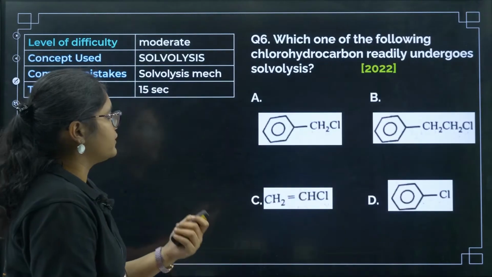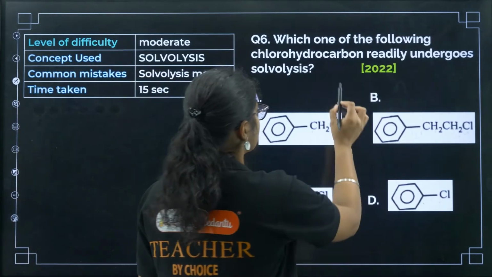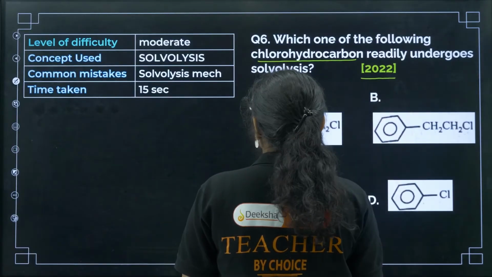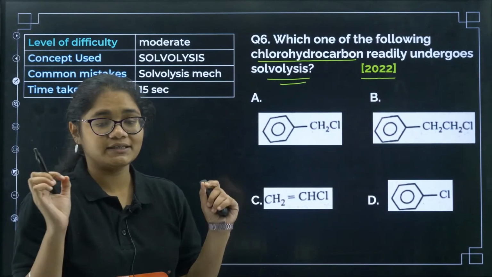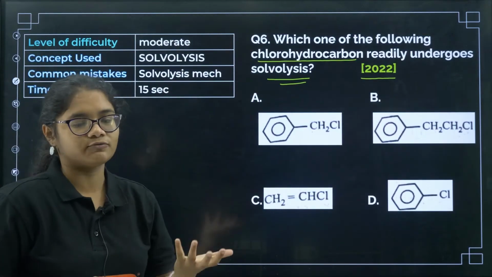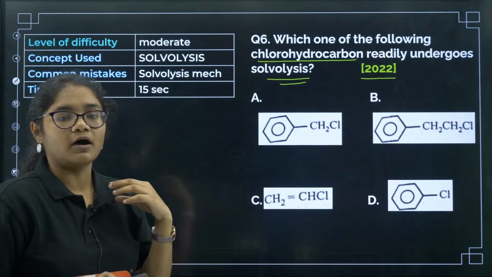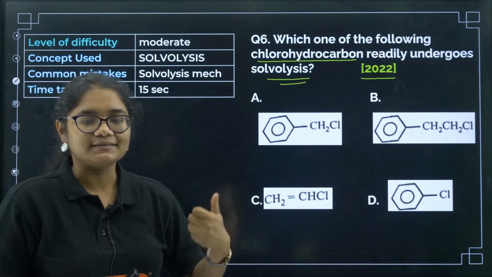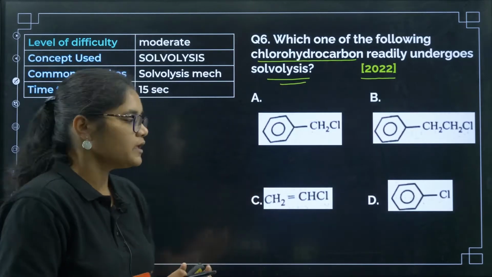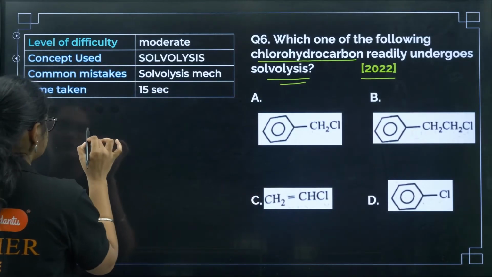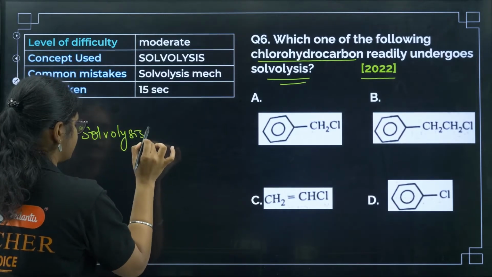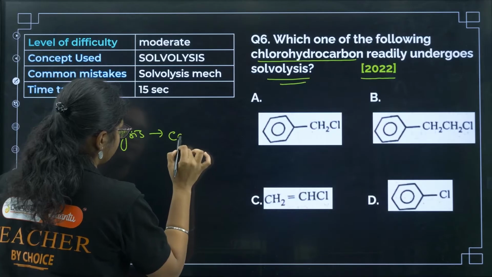Okay. Now next question, which one of the following chlorohydrocarbons readily undergoes solvolysis? So question was asked in 2022. This question is easy, but I have kept it moderate because if you do not know the mechanism of solvolysis, then this question will be difficult. So remember one point, solvolysis involves cation formation.